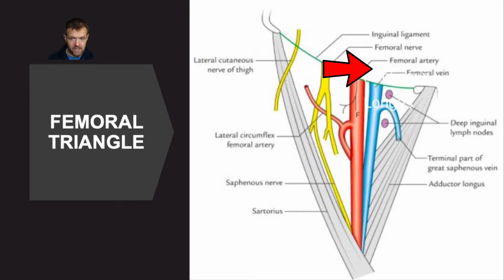So the other muscle involved in this femoral triangle is this one here. This is the adductor longus. So if we have a look, we've got a border along here, and then where it meets, there's a border along here. So the inside part of your sartorius and the medial aspect of your adductor forms the border of your femoral triangle.